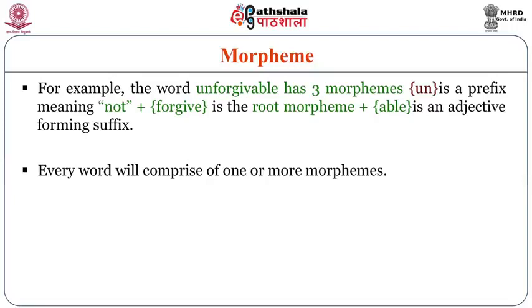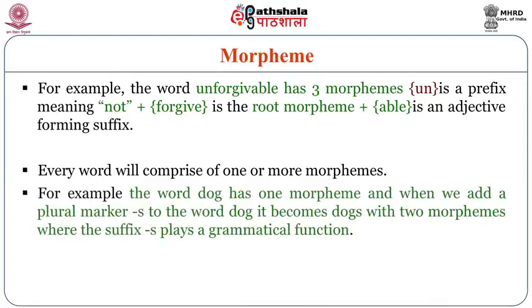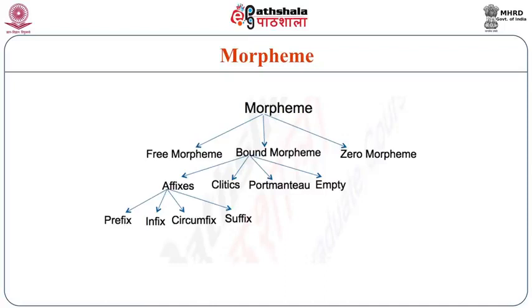Every word will comprise one or more morphemes. For example, the word dog has one morpheme, and when we add a plural marker s to the word dog, it becomes dogs with two morphemes, where the suffix s plays a grammatical function. You can see on your screen the classification of morphemes.